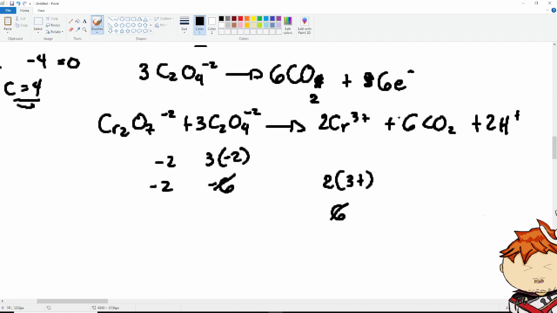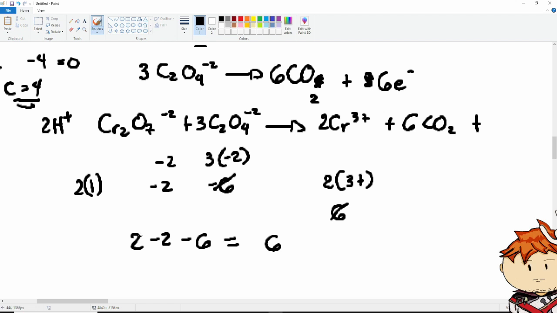We're gonna add 2 hydrogen plus on the right side. No, not the right side, the left side. 2 hydrogen plus on the left side. Right? So 2 minus 2 minus 6 is equal to 6. Oh wait, we're wrong. That's not balanced.